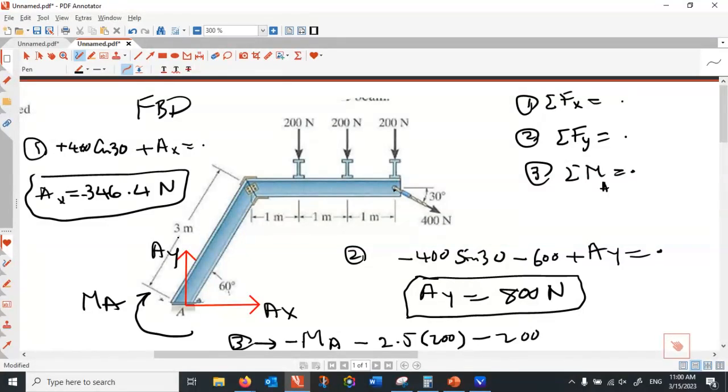This one is 2 plus 1.5, which is 3.5. And the last vertical one is minus 200, 4.5. And then that 400, I have to break into two components, right? Or I can just find the shortest distance between A and 400, that's one way of doing it.